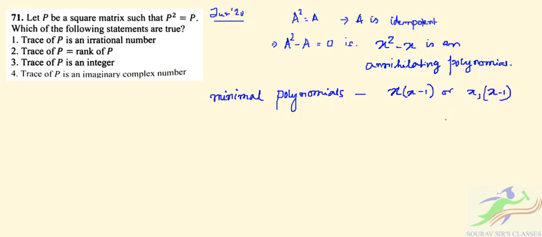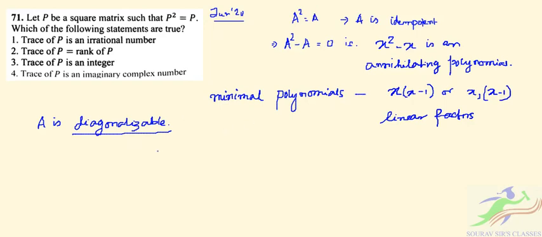And in either case it has linear factors in both of them. So we can say from here that A is diagonalizable, right?